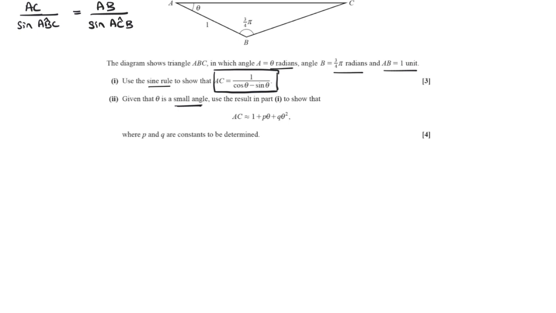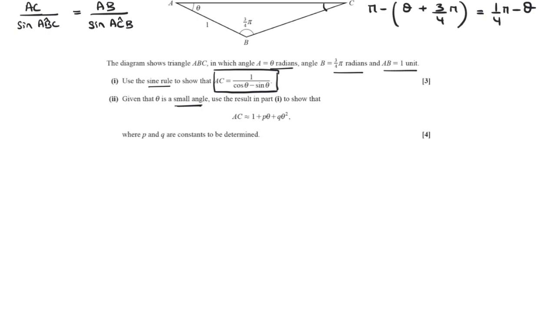This particular angle is going to be pi, which is 180 degrees, minus theta plus 3/4 pi. When you expand and simplify it, it simply gives you 1/4 pi minus theta.